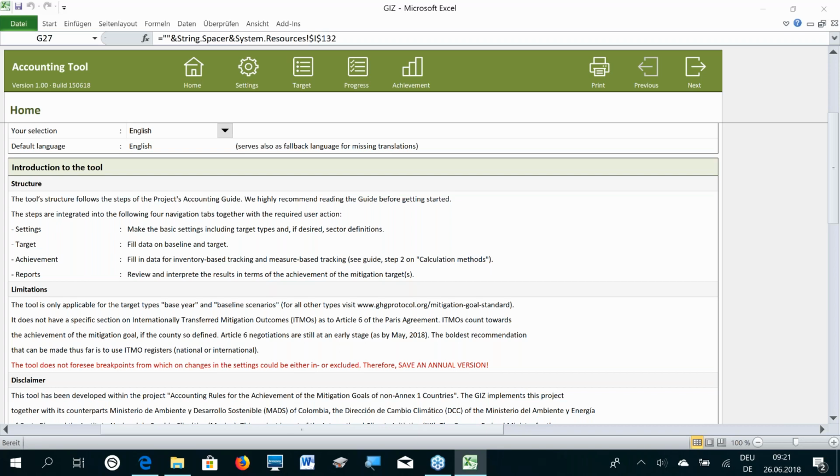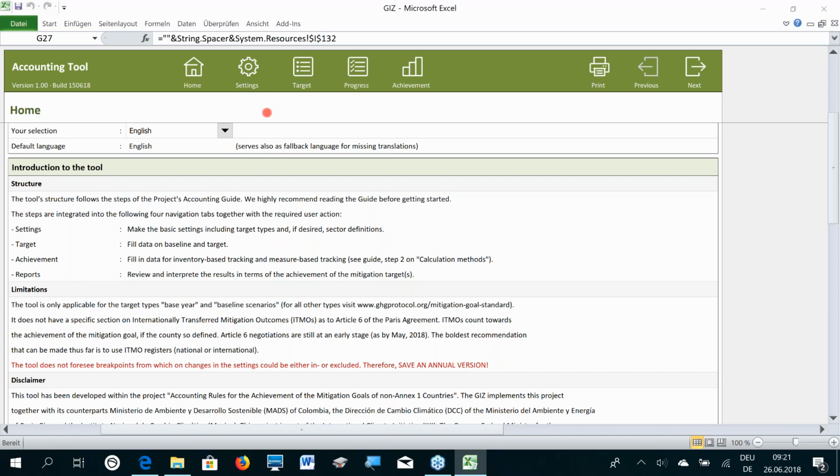So coming back to the tool, it provides on the top this basic structure. So there's the starting page, then you have a part where you can make all the settings, introduce your start year, your reference year, introduce your targets, and so forth.